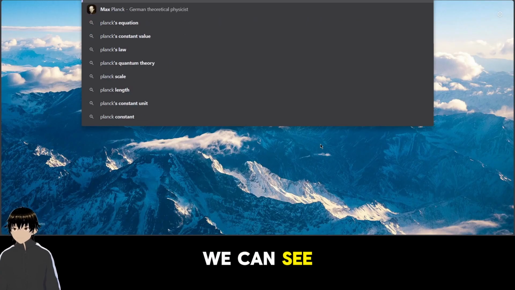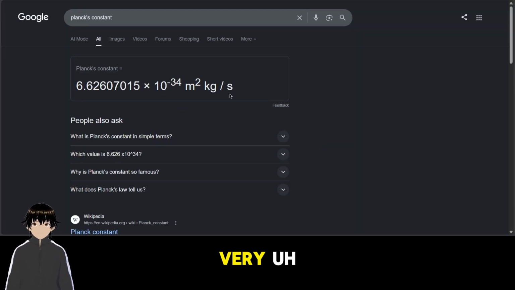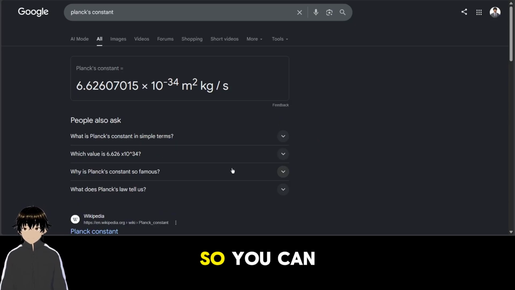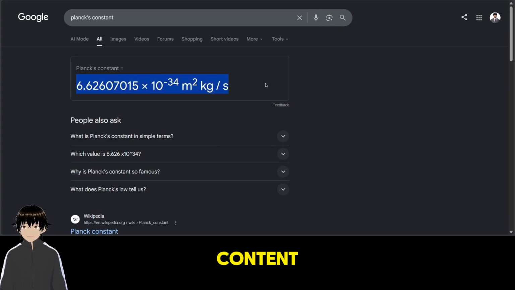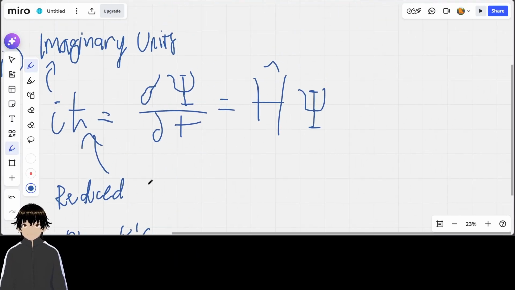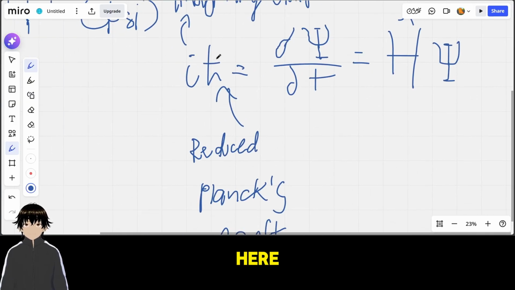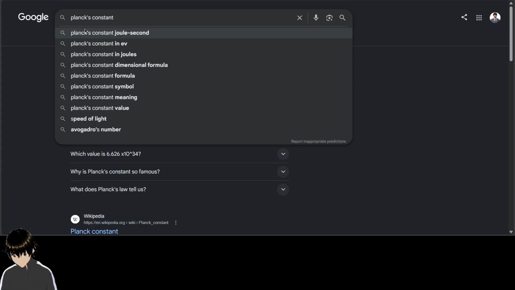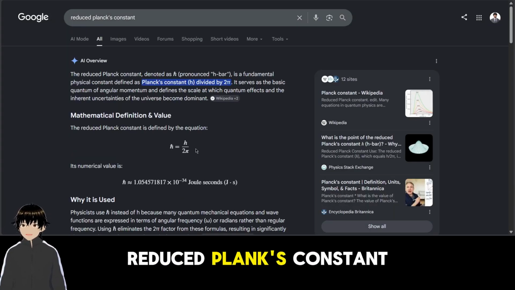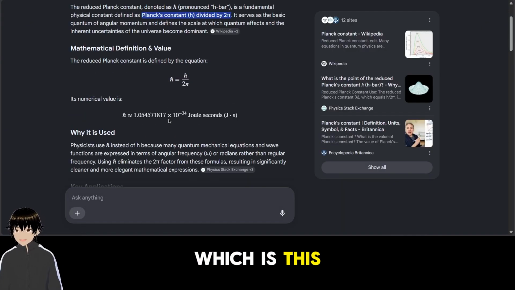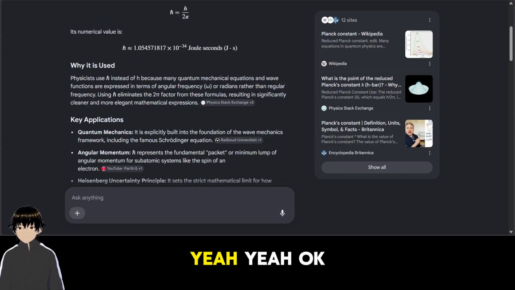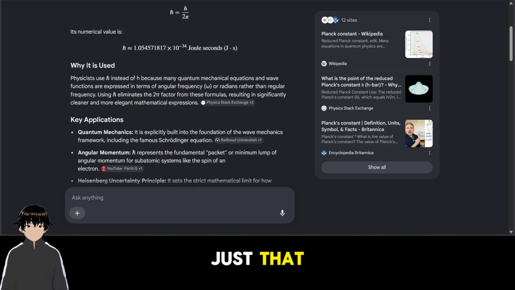This is a very big number, I can't really memorize it, so you can see it right here. There is a reduced Planck's constant, which is this. Its numerical value is 1.05 and so on. So it's basically just that.